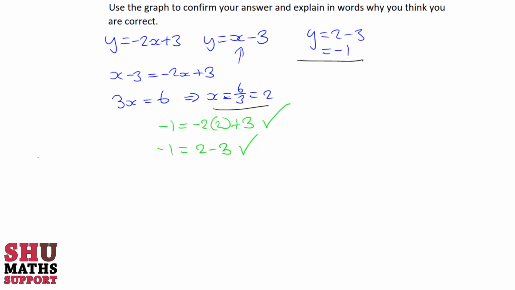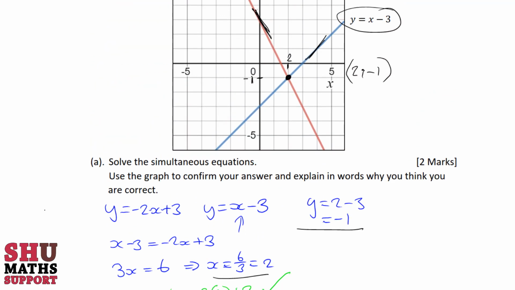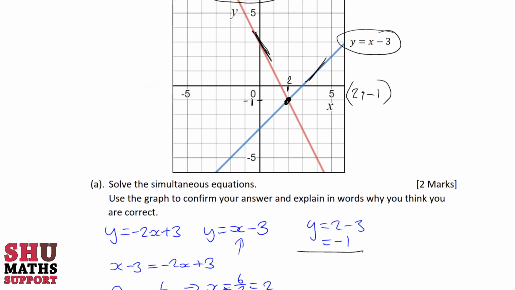Well, we're able to say that we know our solution of x is equal to 2 and y is equal to minus 1 is correct because the point on the graph where the two equations intersect is when x is equal to 2 and y is equal to minus 1.